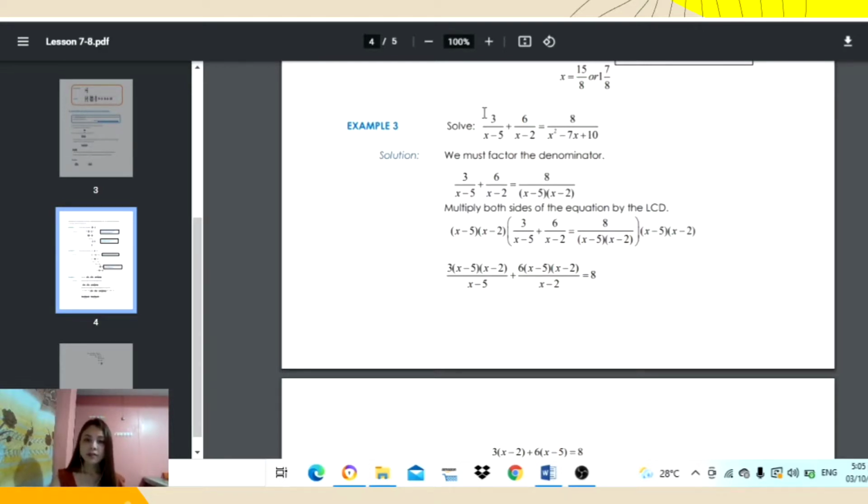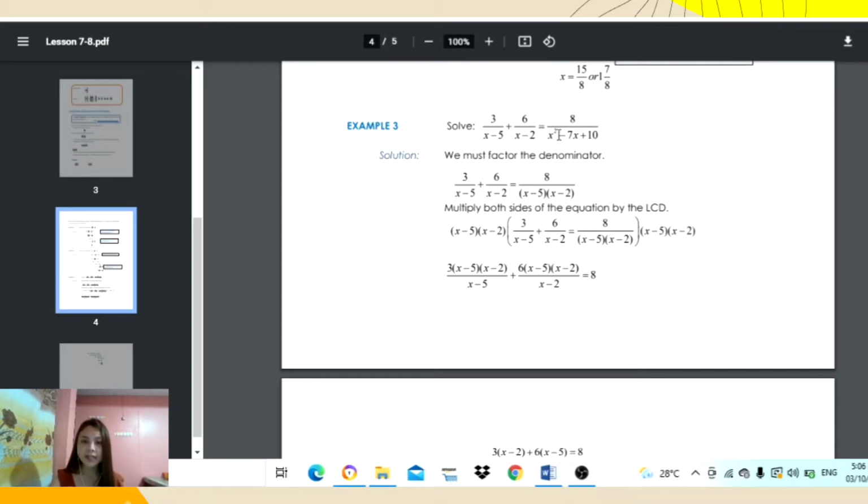In order for us to solve this equation, we have to multiply both sides by the LCD. But since it will be hard to find the LCD if the denominator of 8 is in this form, we have to factor this denominator.